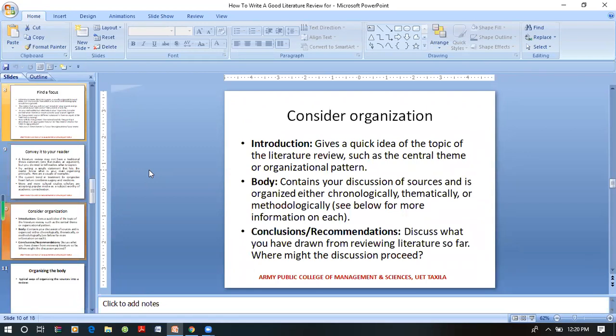Anyone who can tell me what the abstract is and why we require an abstract? Any student who can answer? Anyone?